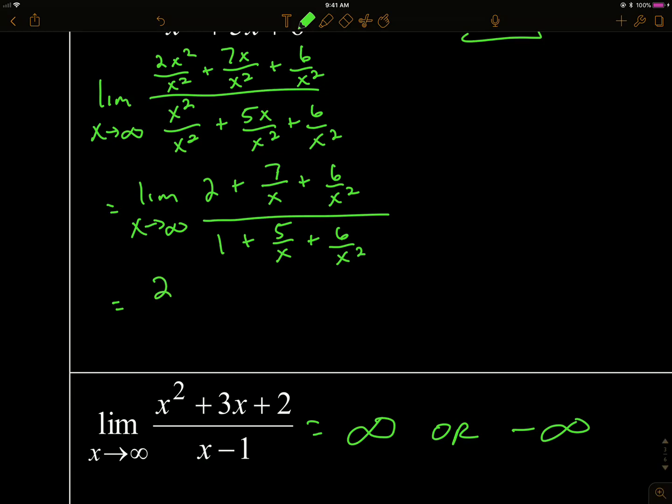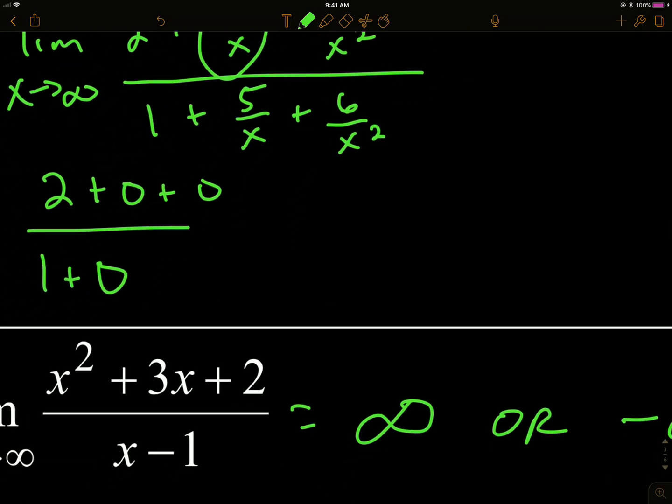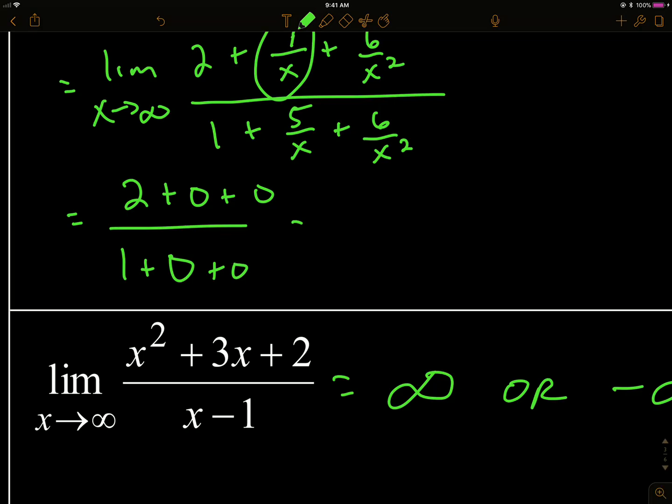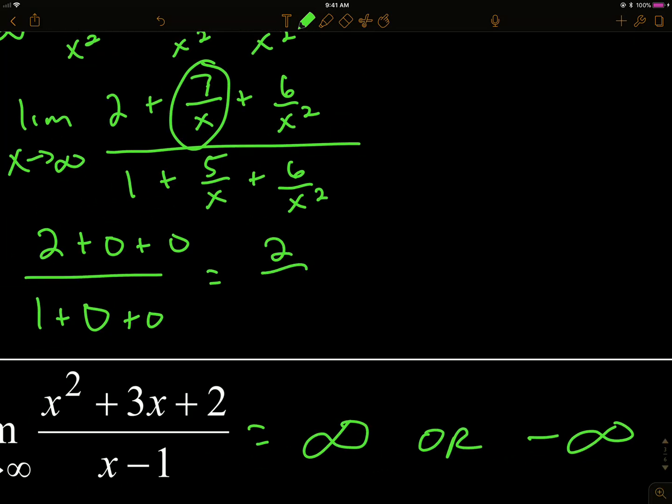So in the numerator, I get 2 plus 0 because, again, when you have a constant over a really large number, like infinity, or any power of x, it's going to 0 if I'm plugging in infinity or negative infinity. So same thing happens at 6 over x squared, and then on the bottom I get 1 plus 5 over infinity is going to 0, and 6 over infinity squared is also going to 0. So I end up getting 2 over 1, which is 2, which confirms what we said.